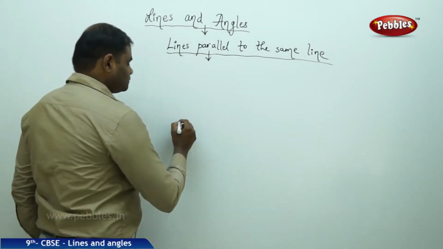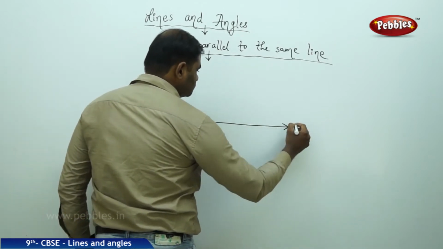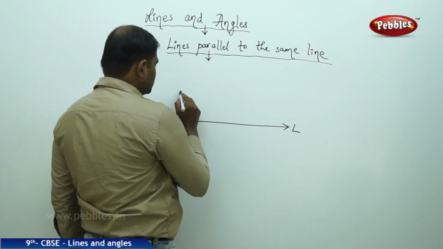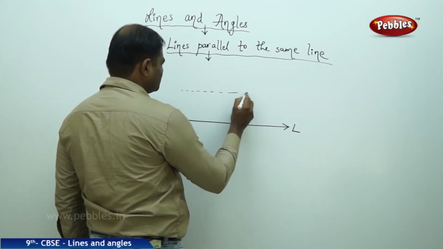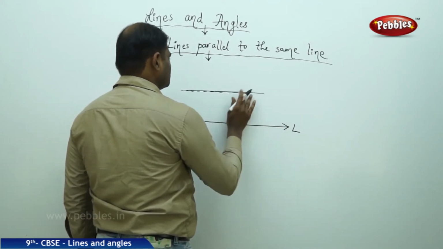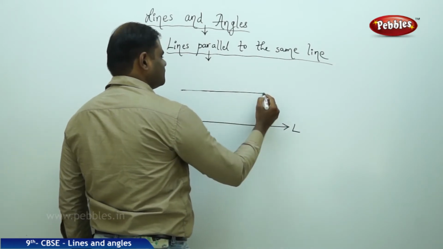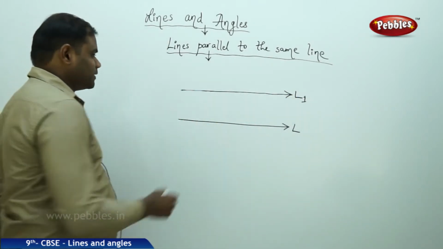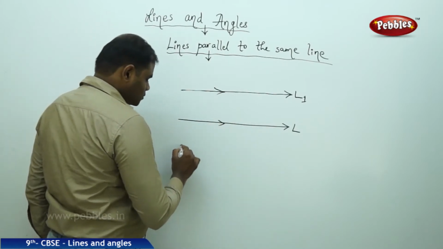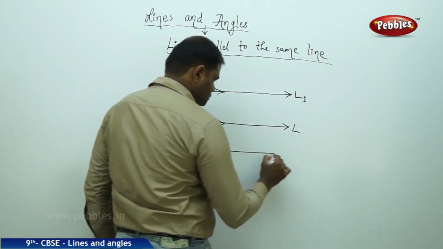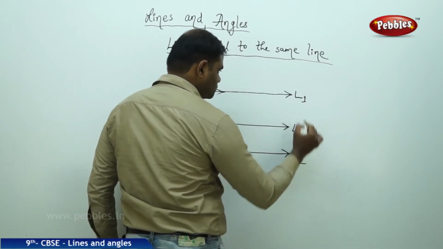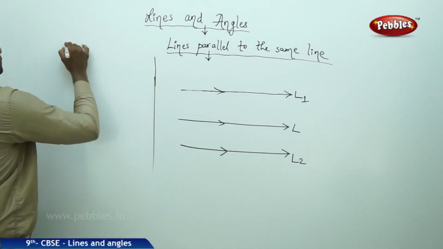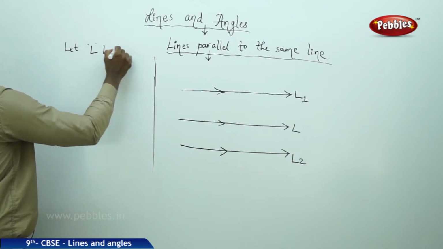So imagine I have the common line, say line L. If there are two lines which are parallel to L, say for example there is a line L1 which is parallel to L, and say there's another line L2 which is also parallel to L. So here my condition is, let L be the line.